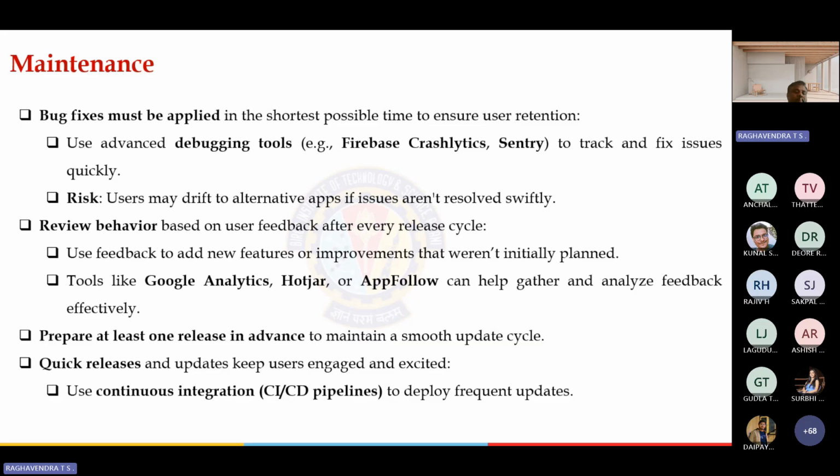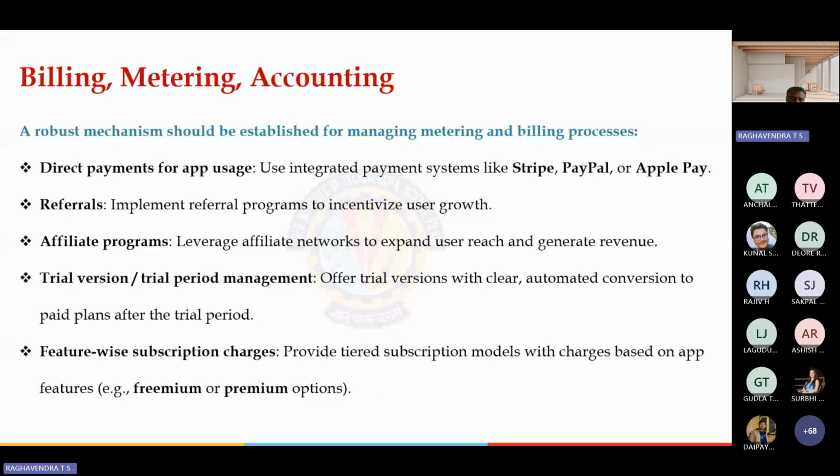You have to maintain a smooth update cycle by prioritizing only one application at a time so that it can be easily concentrated on and addressed. Quick releases and updates keep users engaged and excited. So use continuous integration or continuous deployment to update our features.